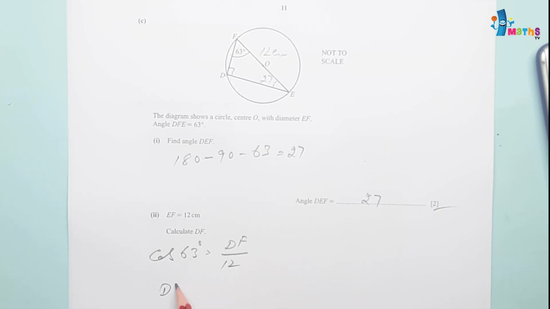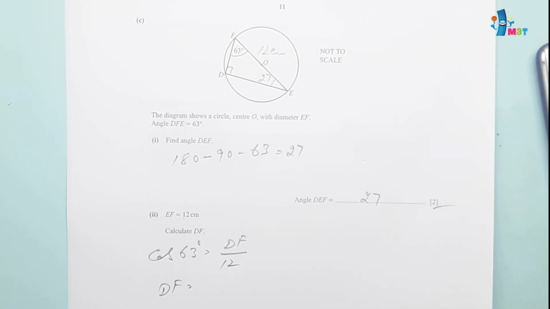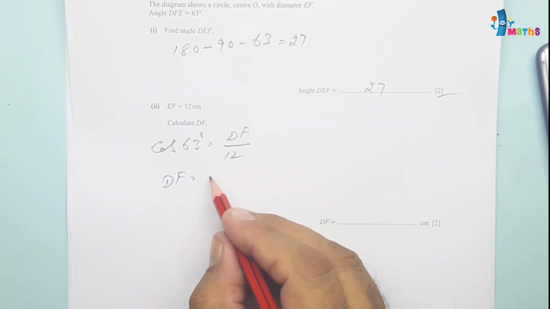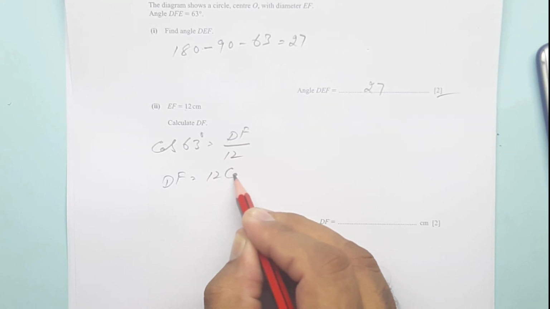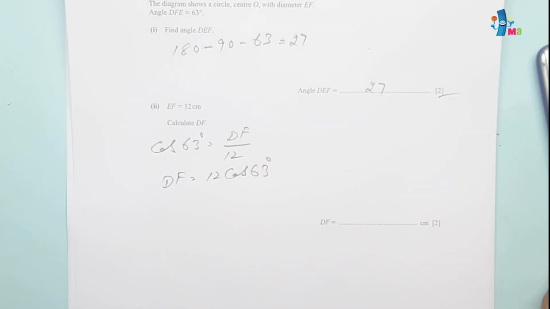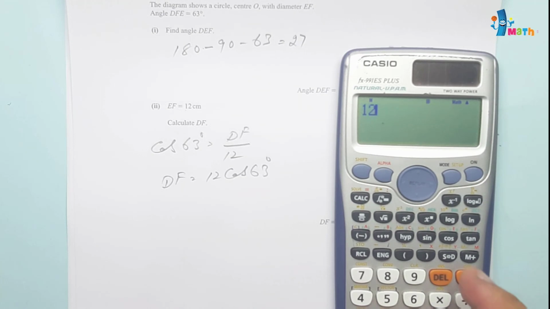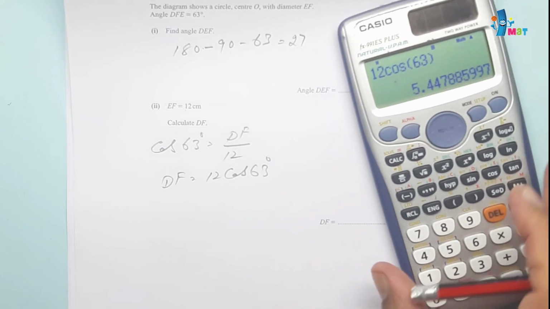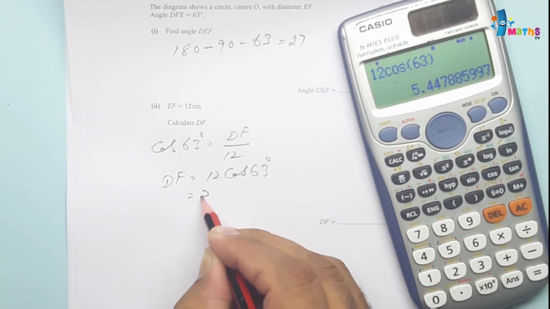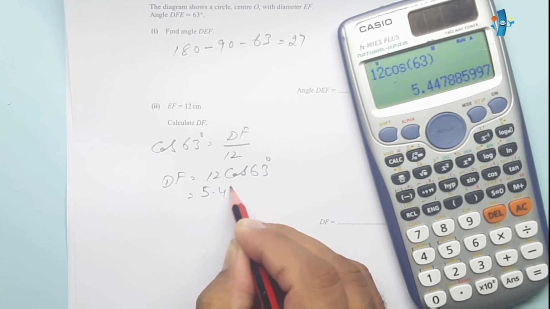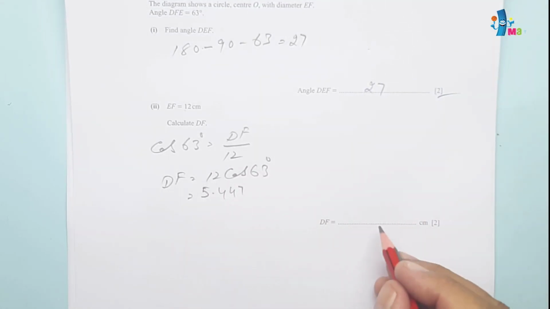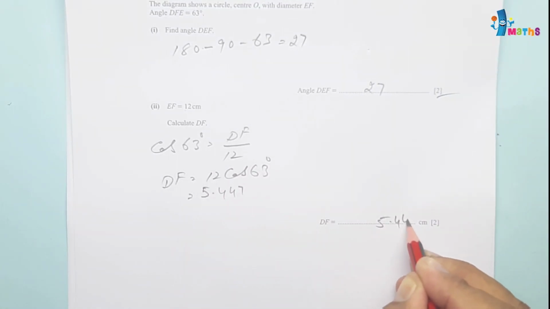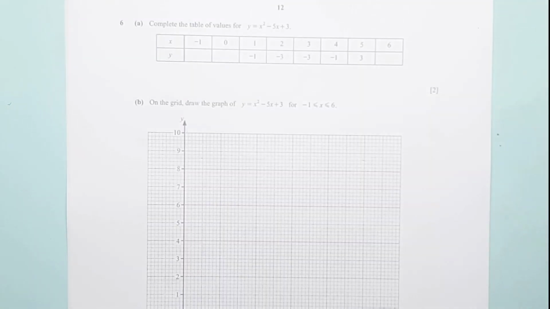So DF will be equal to, I'll move the page a little above so that you can see, DF is equal to 12 cos of 63 degrees, and this will be equal to 5.447. So we can write the answer as 5.44 centimeters.